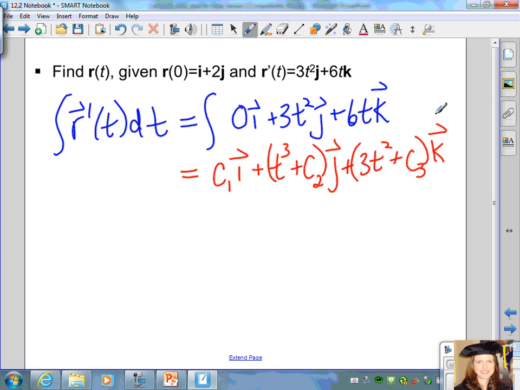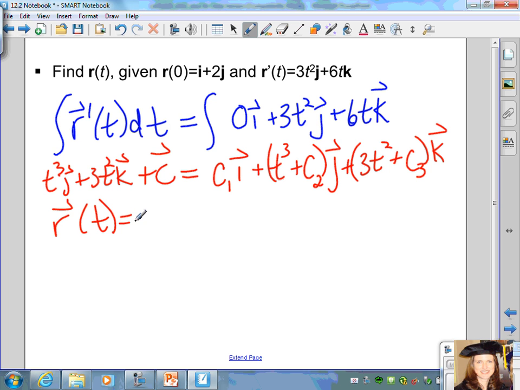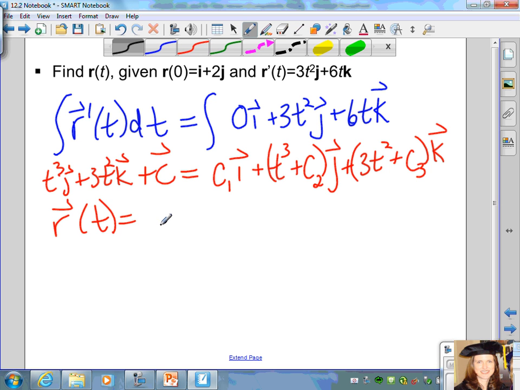Now, I do want to note that this could also be written as t cubed j plus 3t squared k plus that vector of constants. So this is going to be your r of t. Your r of t can be written like this or like this, either one.